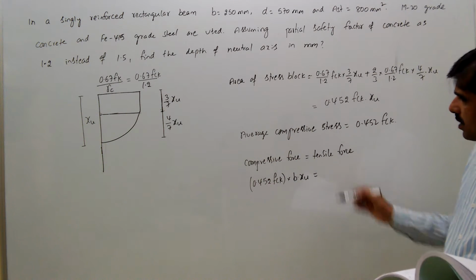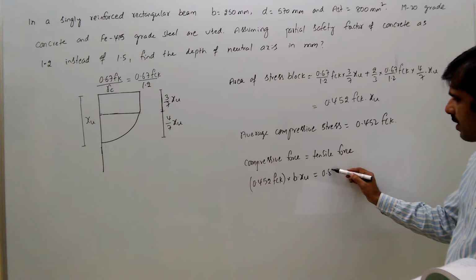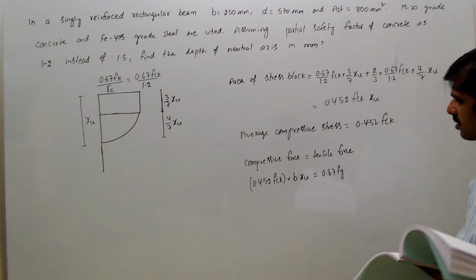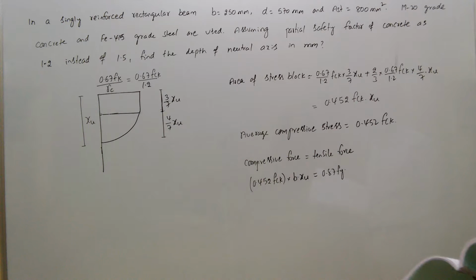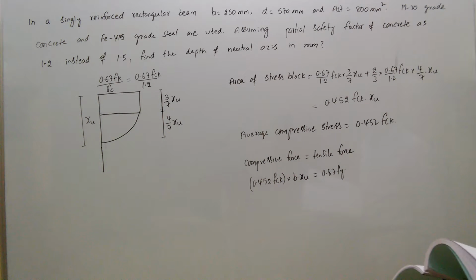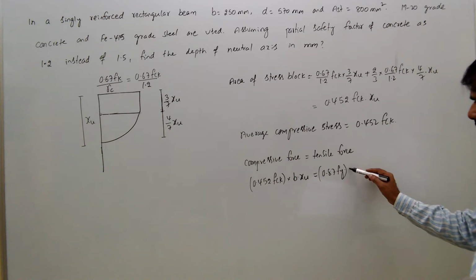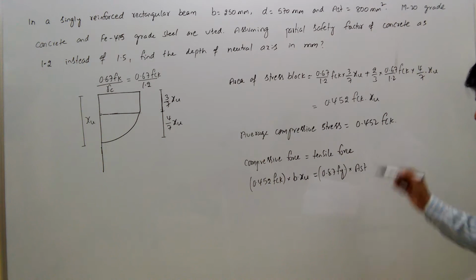That is equal to tensile force. Tensile force will be resisted by only steel. That means 0.87 Fy is the stress in steel, because Fy divided by 1.15, because partial safety factor of steel is 1.15, that is nothing but 0.87 Fy, into area of steel is AST.